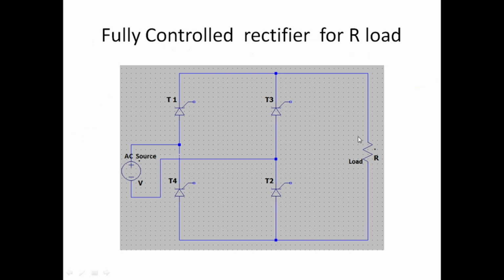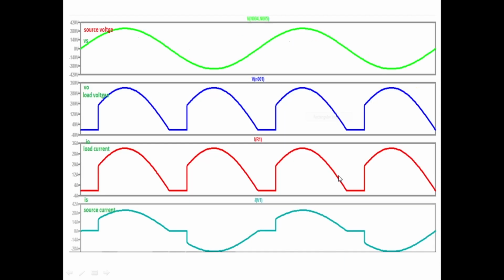So the current with respect to the load side is the same in the positive and negative half cycles. That's the reason the load again receives the input voltage from somewhere here, where we apply the gate pulses to T3 and T4.